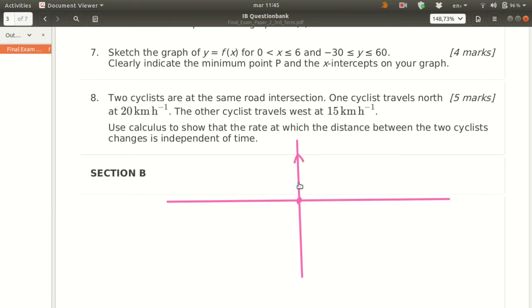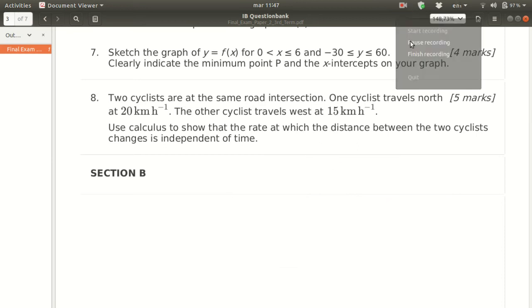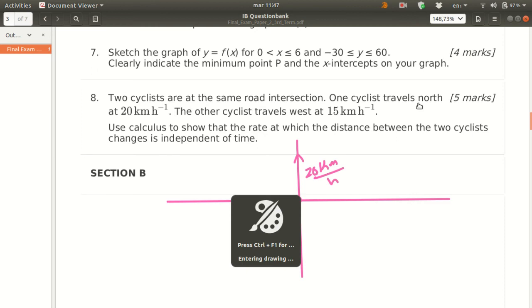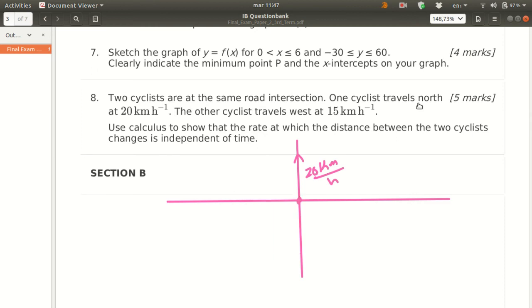So the first cyclist is traveling north at 20 kilometers per hour. Okay, and the other cyclist is traveling west. So this is north, this would be west. So we need to know our coordinates here. The other person is traveling west at 15 kilometers per hour.